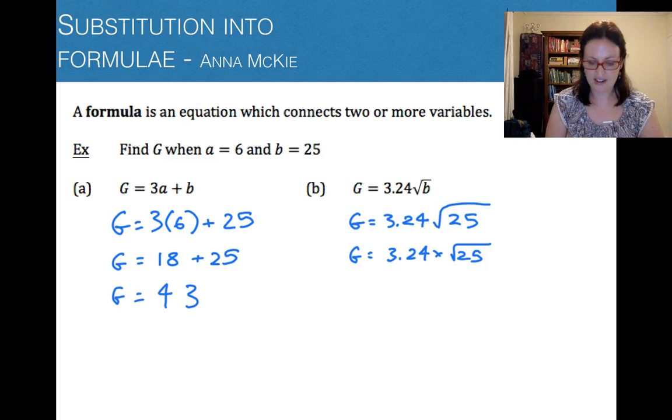So grab your calculators, work that out, and then come back. And I'll assume that your answer, the square root of 25 is 5, and your final answer would be 16.2. I hope you got that. Moving on.